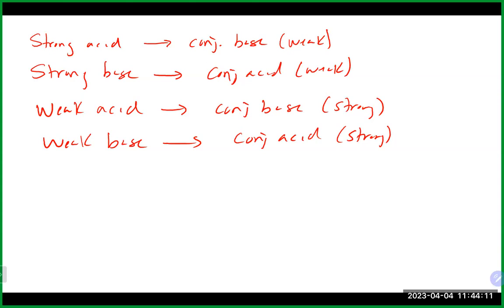So if you think about where the salt comes from, you could think about whether or not what you have there is going to be relatively strong or not. In the case of salts and hydrolysis reactions, if it is a strong partner that is there in the salt, it will then react with water, basically.